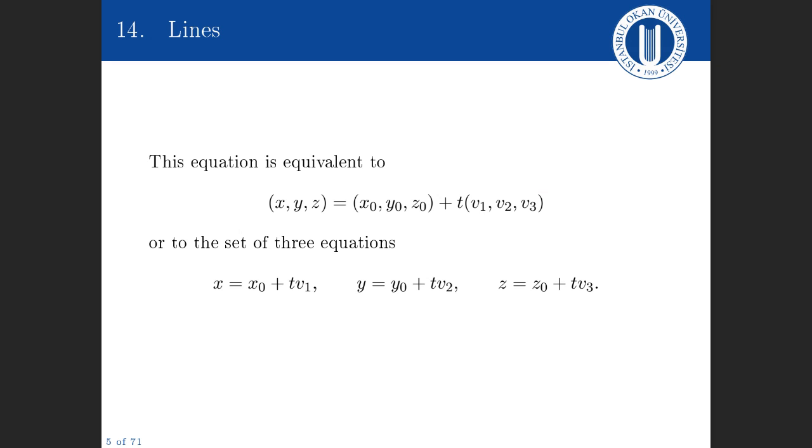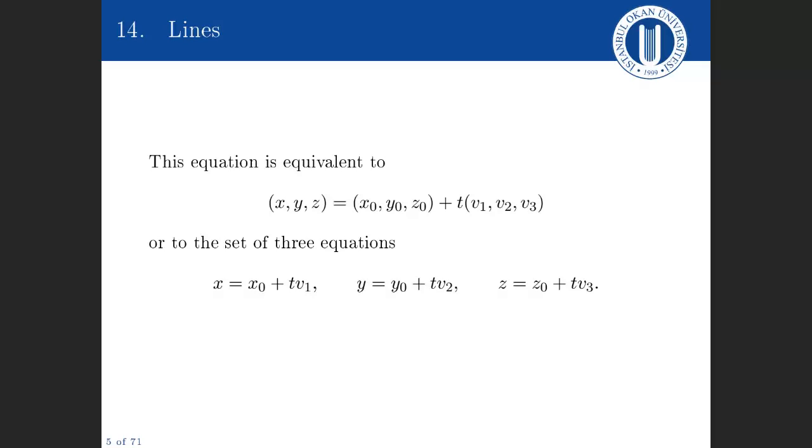This equation is equivalent to x, y, z is equal to the point x0, y0, z0, that's the point we know is on the line, plus t multiplied by v1, v2, v3. So it's plus t multiplied by the vector. Or we could split this up into three different equations.